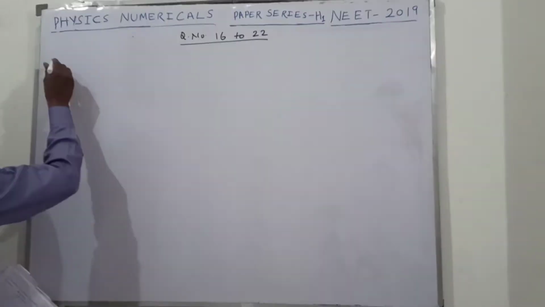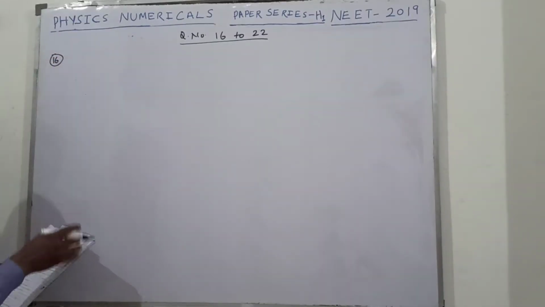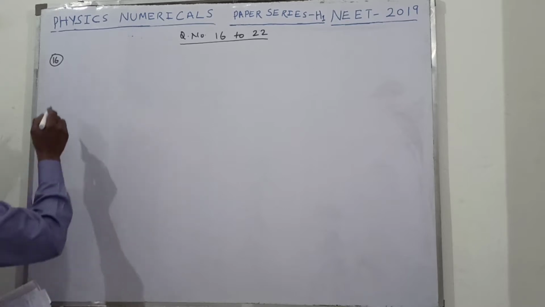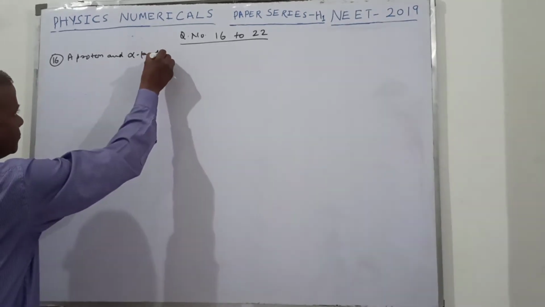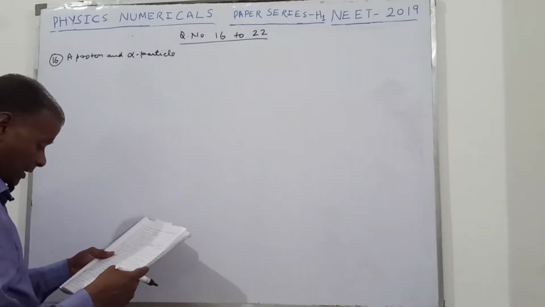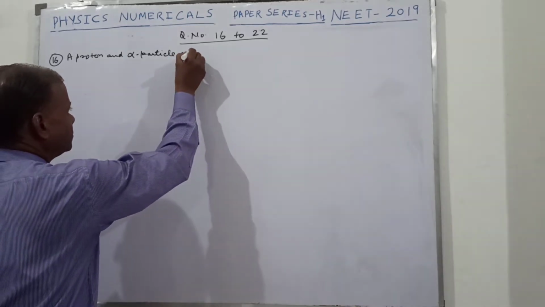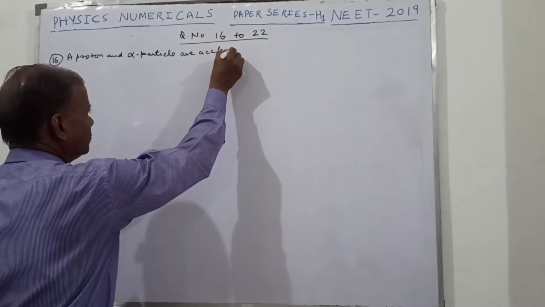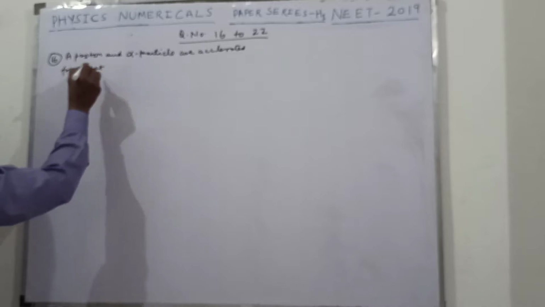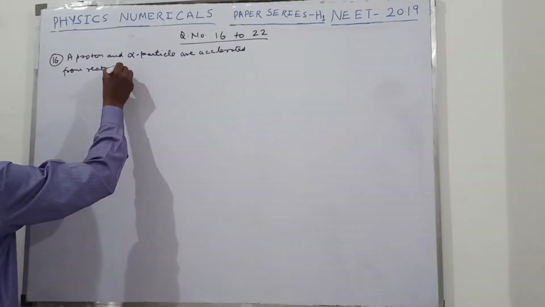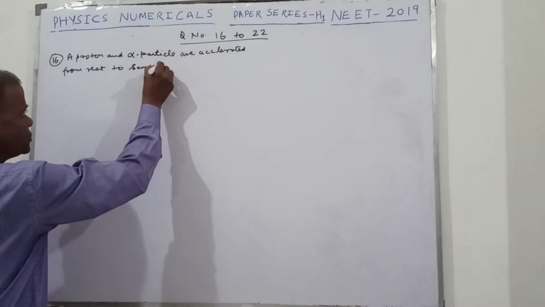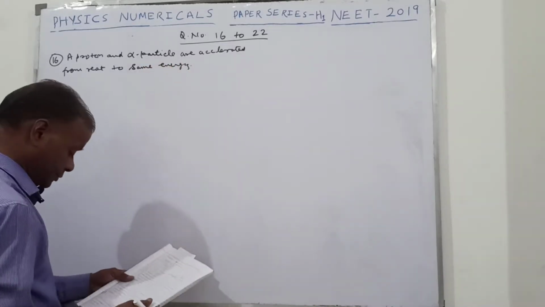So now question number 16. A proton and an alpha particle are accelerated from rest to some energy, to the same energy.